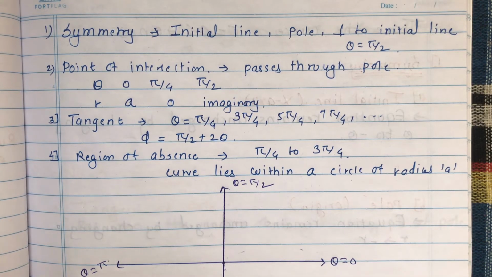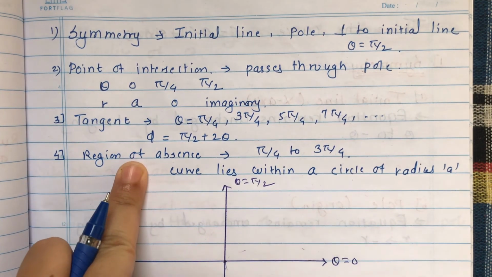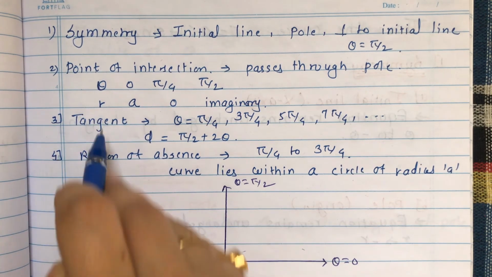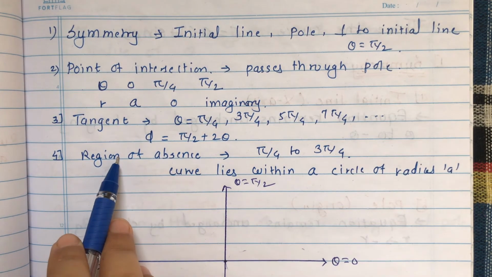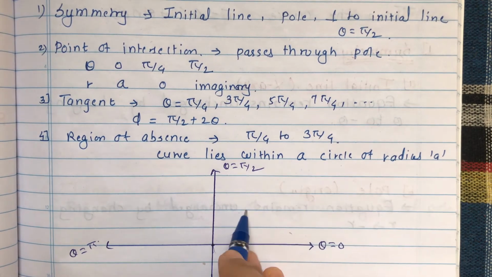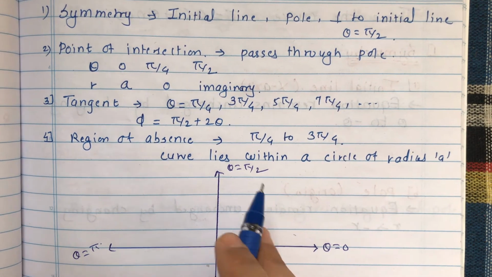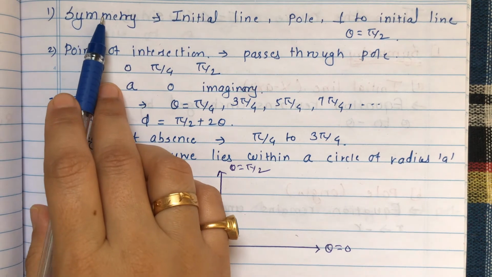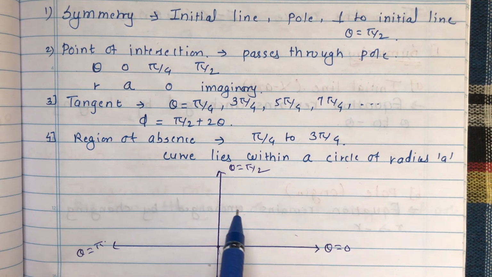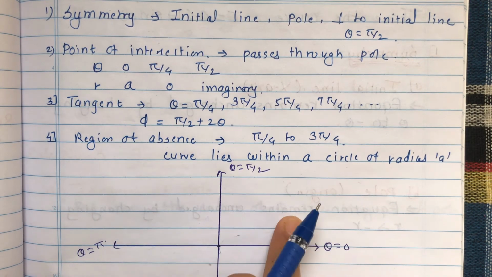Tracing of curve. So I have made a short summary according to the rules: rule number 1, rule number 2, rule number 3, and rule number 4. While tracing we will go with the sequence. So first is symmetry. We will use symmetry to decide in which quadrant we have to trace the curve initially.